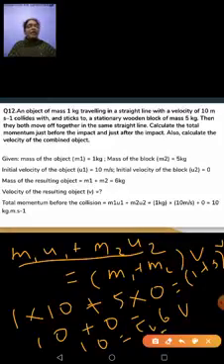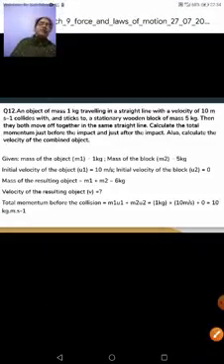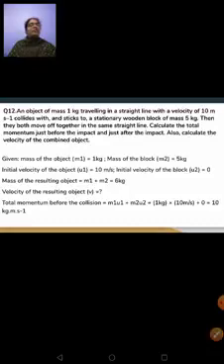So how do we calculate that velocity? According to the law of conservation of momentum, we will not write m1 u1 plus m2 u2 is equal to m1 v1 plus m2 v2 again. It is understood. When m1 u1 plus m2 u2 is equal to 10 kilogram meter per second, m1 v1 plus m2 v2 is also going to be equal to 10 kilogram meter per second.